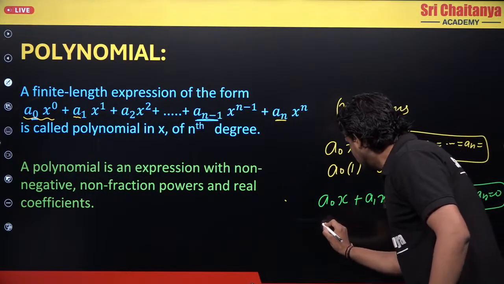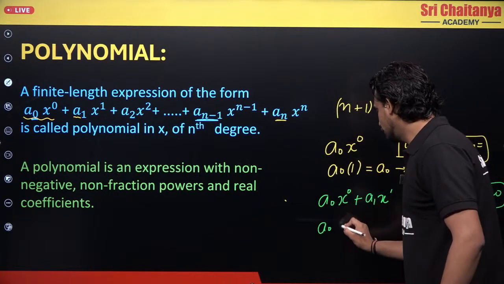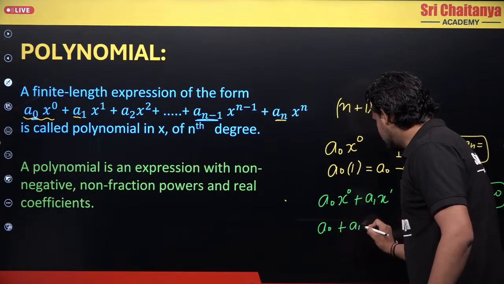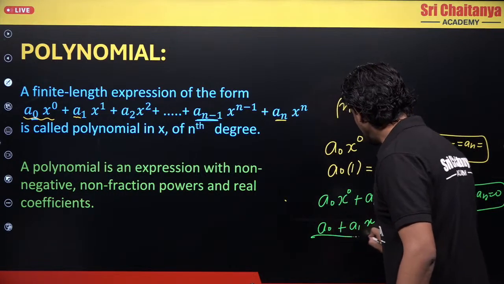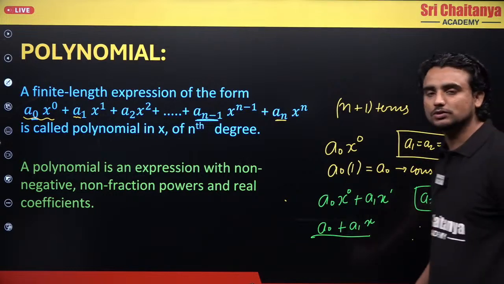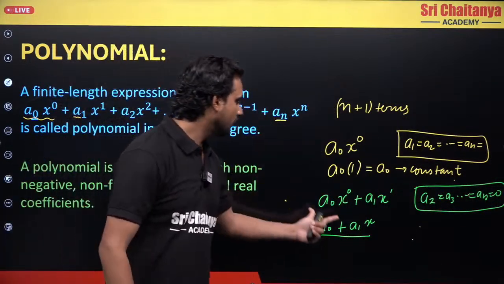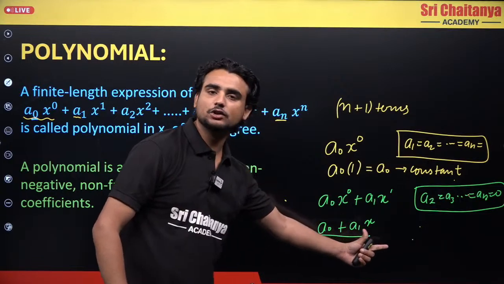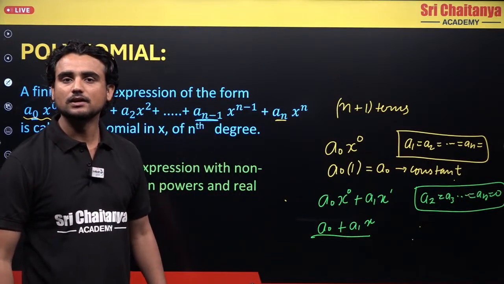We have a0, and x raised to 0 is 1, plus a1x. So what is this? This is a polynomial, no? This is also a polynomial, but here the coefficient is x. So this is a polynomial of degree 1. That was a constant, and you will later see that this is a straight line.